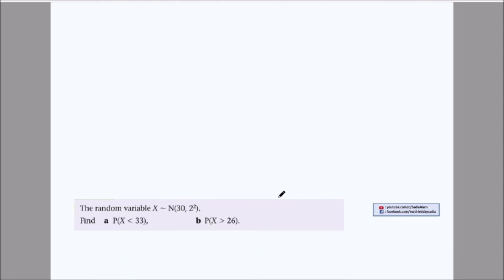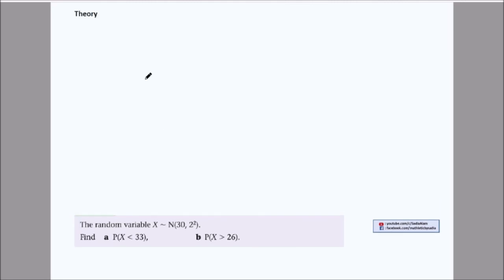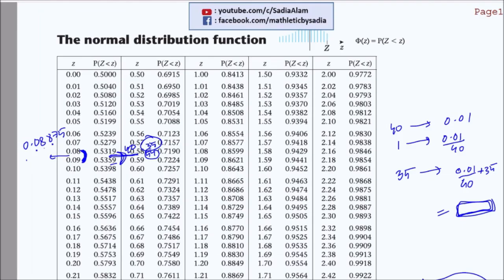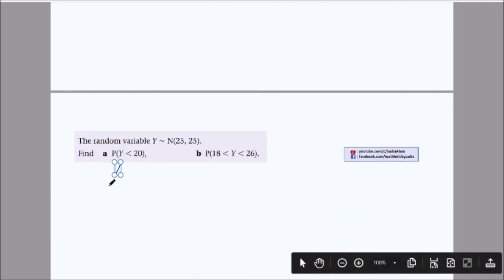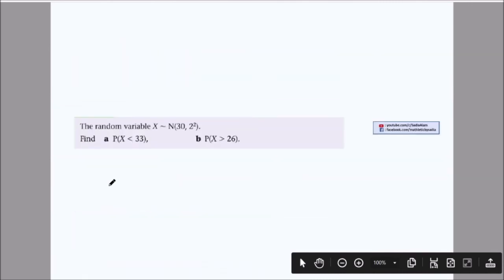Okay, next is that for any variable, we can use that table only if the value is a standard value, as in the values we get are only z. But for any value which is, suppose, x or any other variable, suppose y, we cannot get values from the table, right?